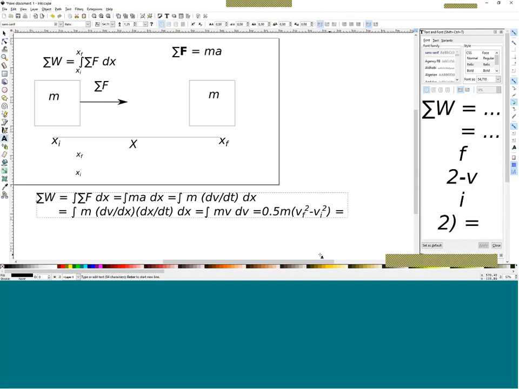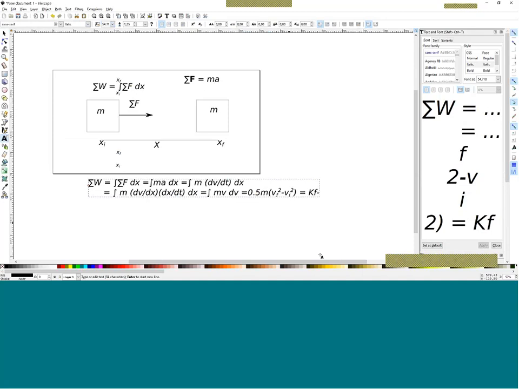So in other words, we write this as Kf minus Ki.